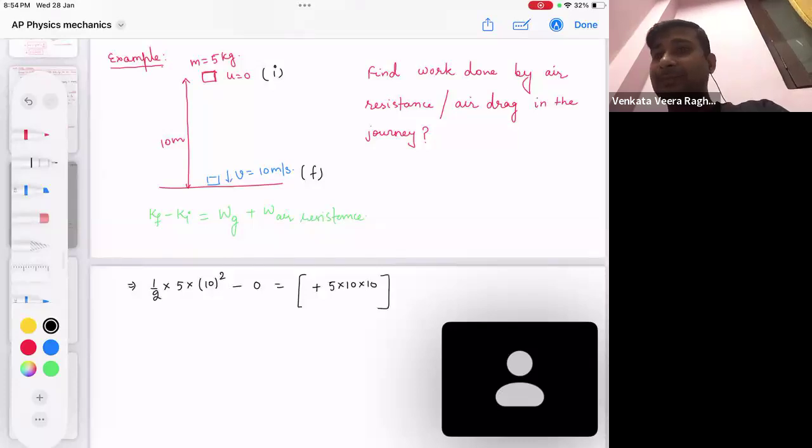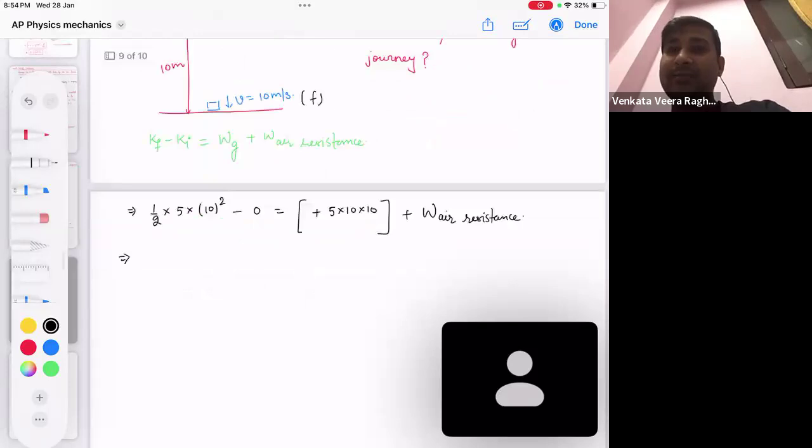plus work done by air resistance or work done by the drag force, which we have to calculate in the question, right? So how much are we getting? 100 into 5, 500 by 2, so 250 equals 500 plus work done by air resistance, which we have to calculate.